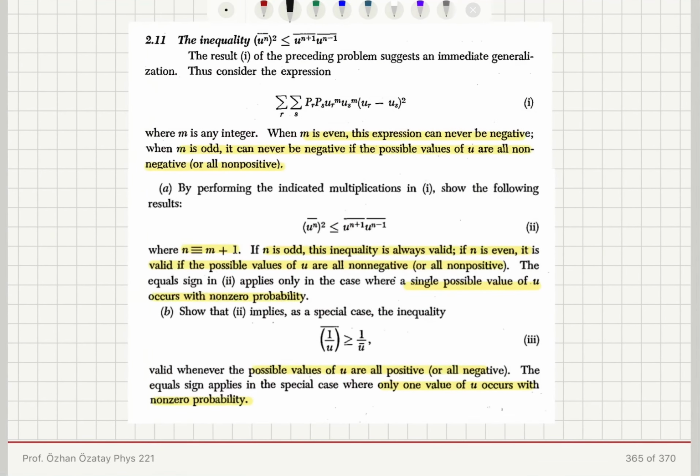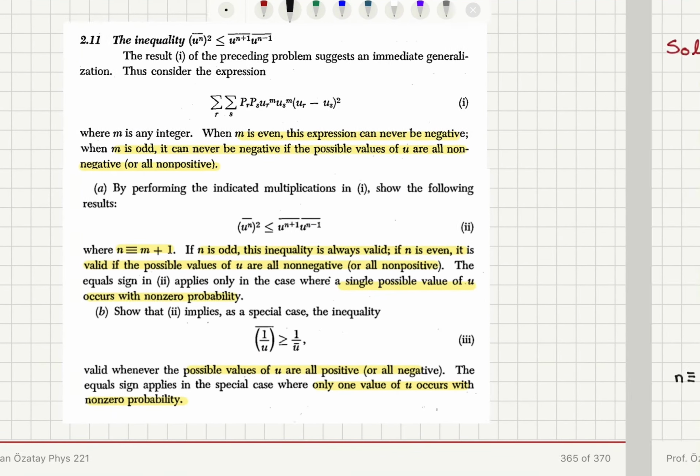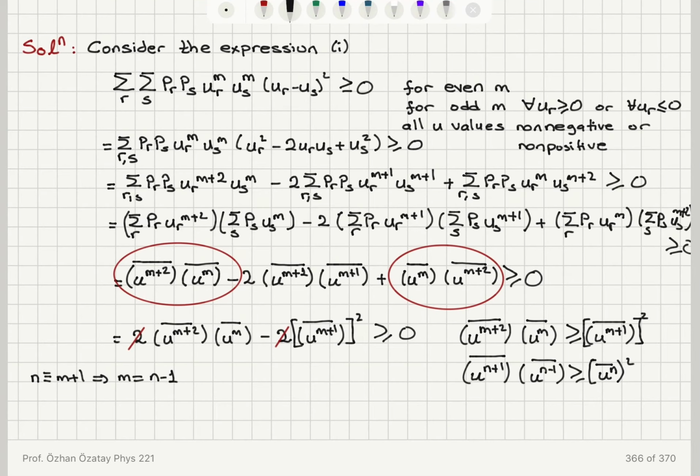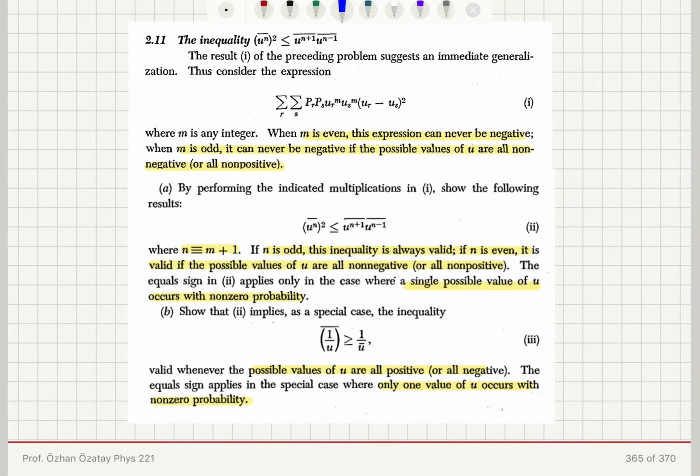So just to make sure here, it says u to the n squared mean value. Let me check if I have made a mistake here. So the term I get was u to the n plus 1 mean value twice. So that came from this part, and you can see that u to the n plus 1 mean value, then we take the square. So what I have obtained is correct. So this bar actually belongs to u to the power n, rather than it's u to the n squared mean value.